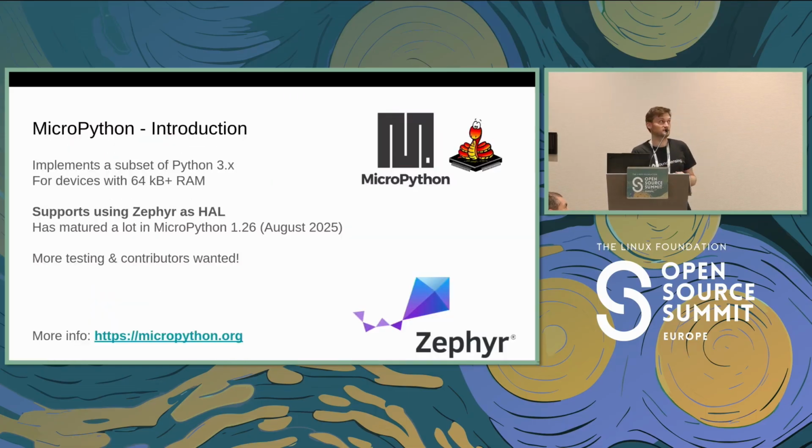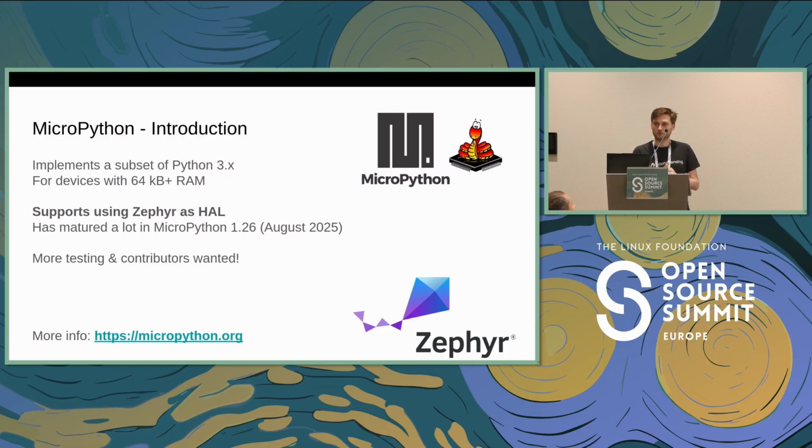MicroPython is an implementation of Python for microcontrollers. It implements a subset of Python 3, and it runs on devices with 64 kilobytes of RAM or more. It supports Zephyr as a hardware abstraction layer, so you can run on top of Zephyr. There are multiple other ports as well, but the Zephyr port has matured a lot lately.